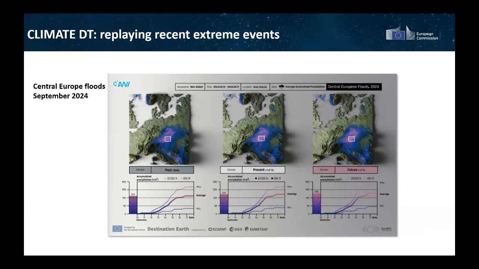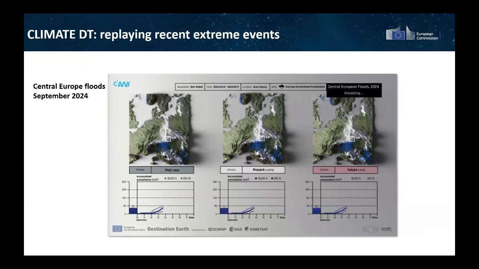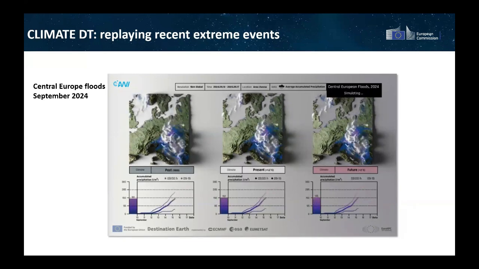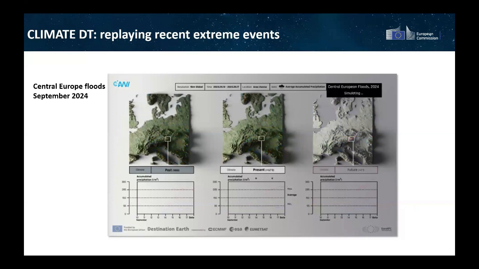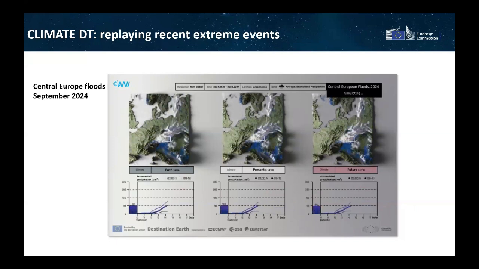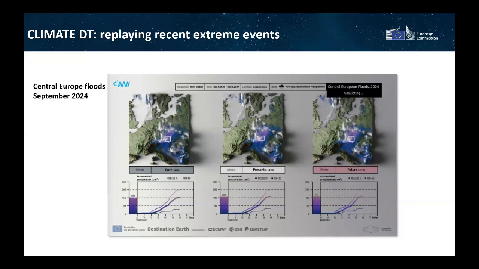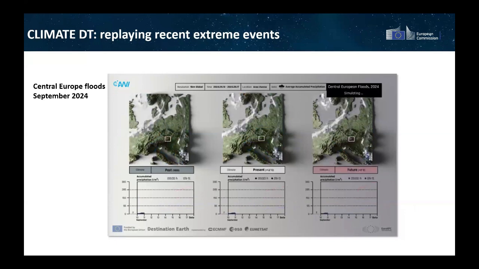So huge precipitation over Europe, consecutively some flooding. And you see that in 2040, if you had the same kind of precipitation, but with this kind of initial conditions, it could be worse. So it means that all the cascaded events would be worse also. So this is the kind of thing that you can prepare yourself for, the climate of a few years ahead.